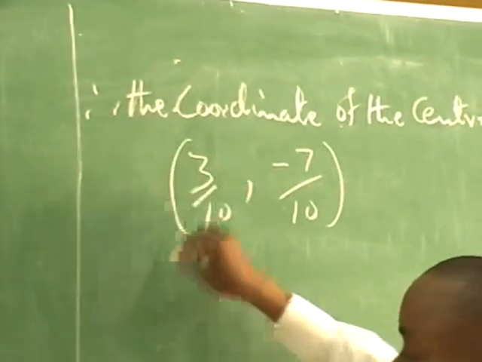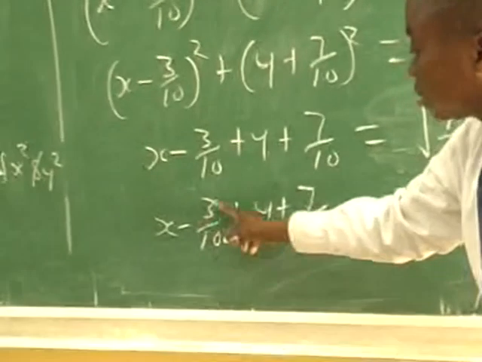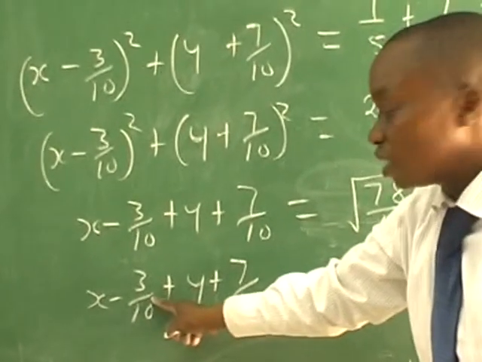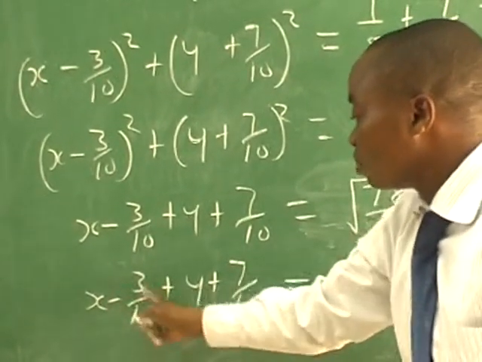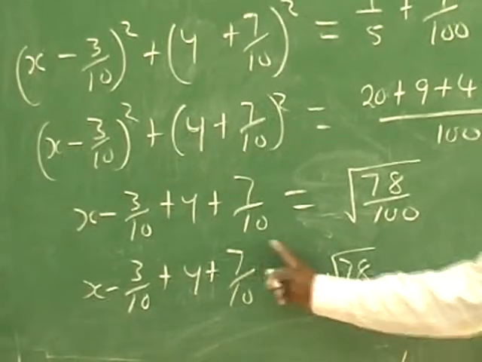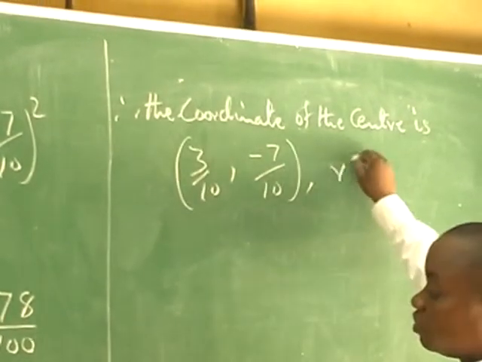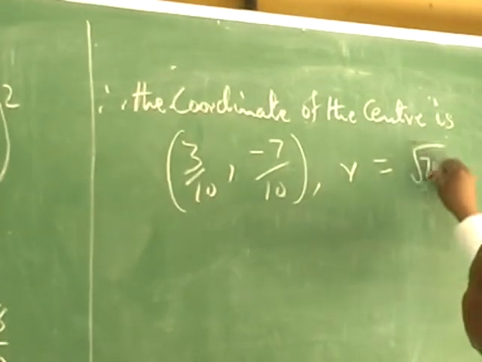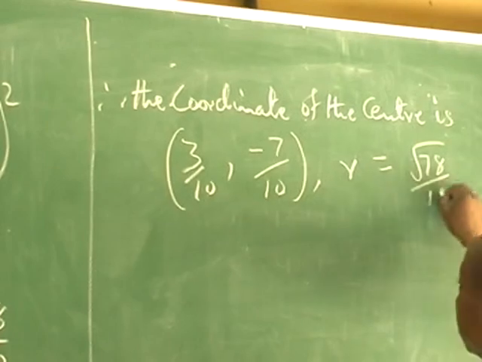These are the coordinates. You know how? Because x minus 3 all over 10, if I equate this to 0 and make x the subject of the formula, then I will have 3 over 10. Then this side will be minus 7 over 10. We have that, while r, the radius, is root 78 all over 10.